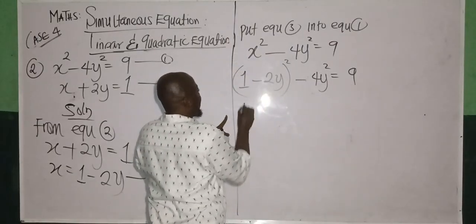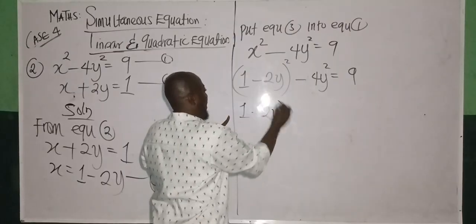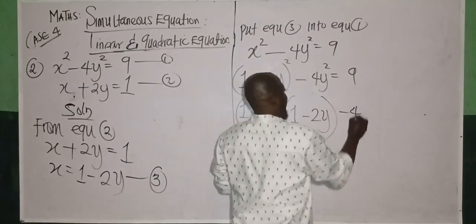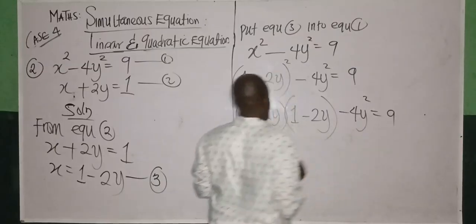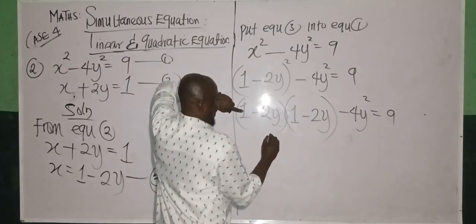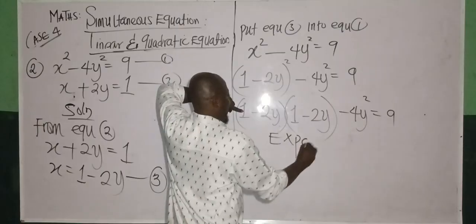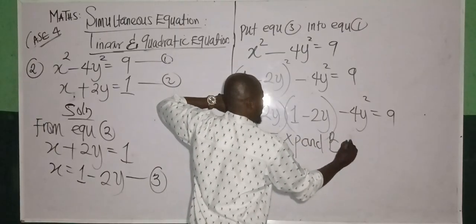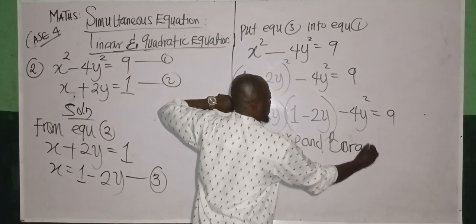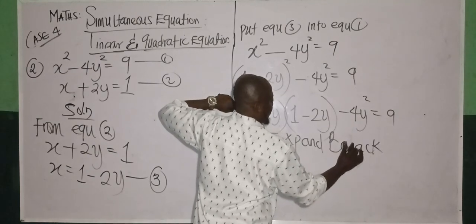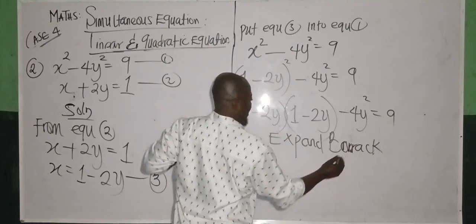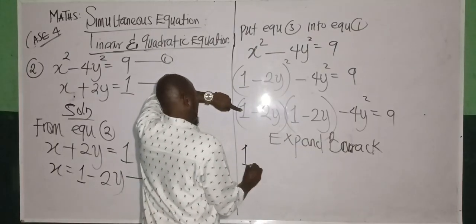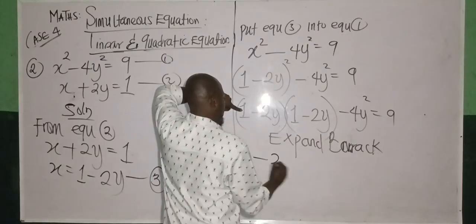So what do I do now? Expand this one now. This will give us 1 minus 2y, first bracket, 1 minus 2y, next bracket, minus 4y squared equals 9. Expand the bracket, please, double-check. 1 times 1 here is 1, 1 times minus 2y will give me minus 2y.